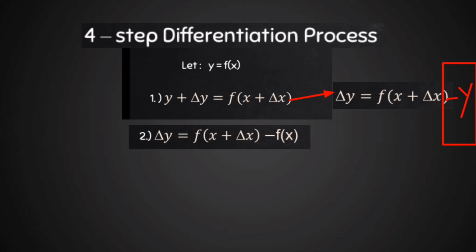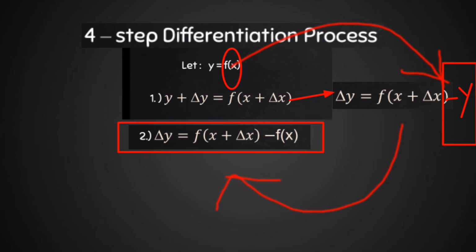That is simply because the function says that y is equal to f of x. So therefore, we can substitute f of x for y, and that's how we come up with this expression.